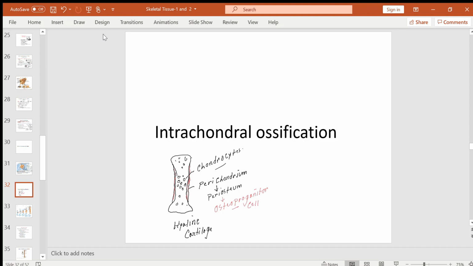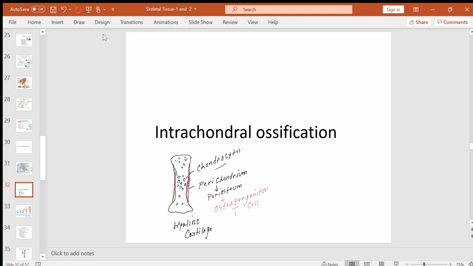Okay, so here in the inner layer of the periosteum, you have osteoprogenitor cells, and these osteoprogenitor cells will do what?